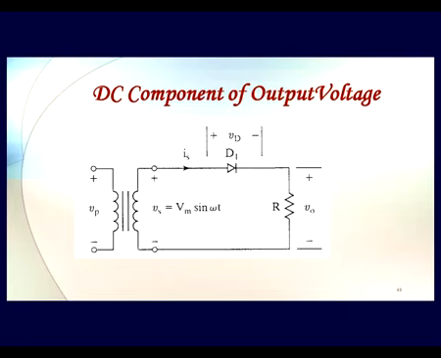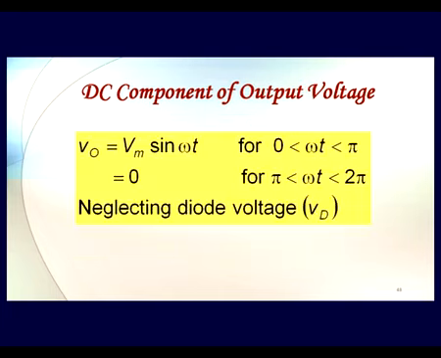Then what do we get at the output? As you know, we are going to get the signal at the output only during the first half cycle. If we depict the time axis in radians, then for omega t from 0 to pi we have Vm sin omega t appearing at the output as it is, but from pi to 2 pi we have 0 volts.